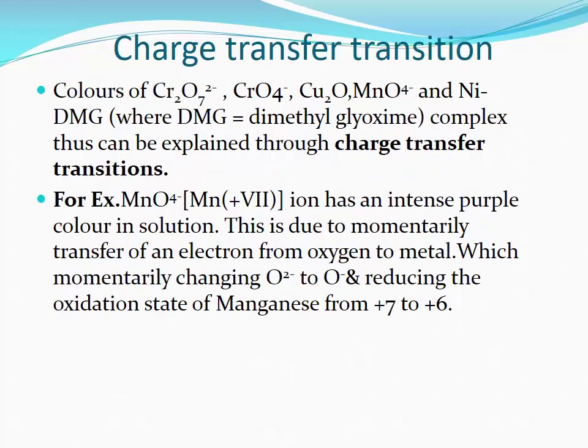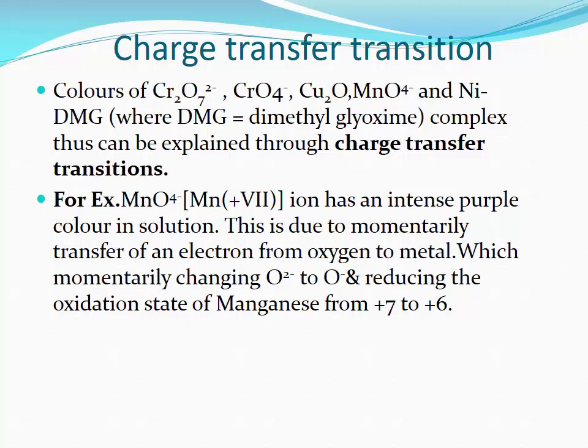Now we are going to see the next point, charge transfer transition. There are some examples in which the central metal ion or transition metal ion does not possess unpaired electrons in its valence orbital.